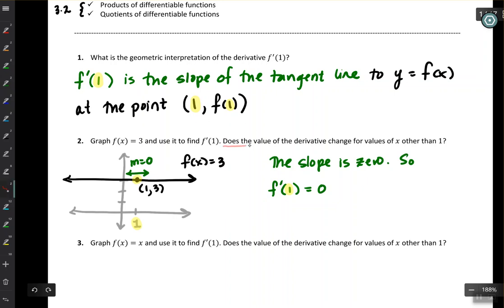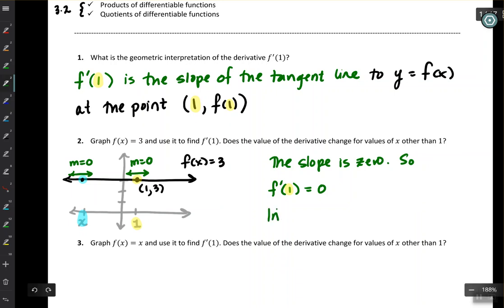Now my second question is, does that value of the derivative change for other values of x? And the answer is no. For any x, how about x is minus 3? But for any x, what is the slope going to be of the tangent line? Well, it's always going to be 0, regardless where you are in the domain.